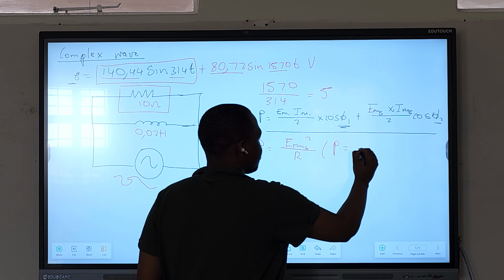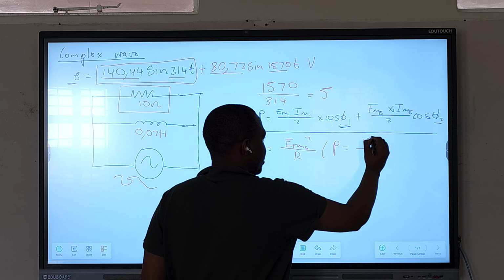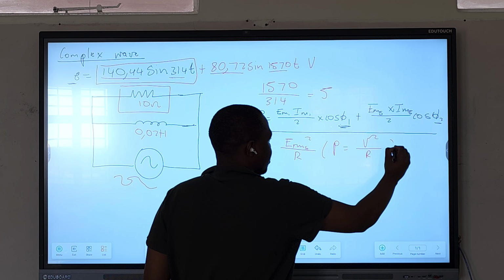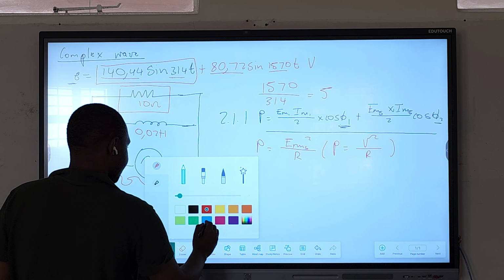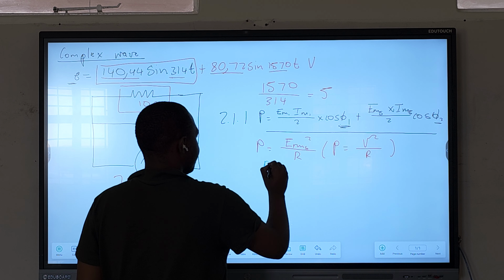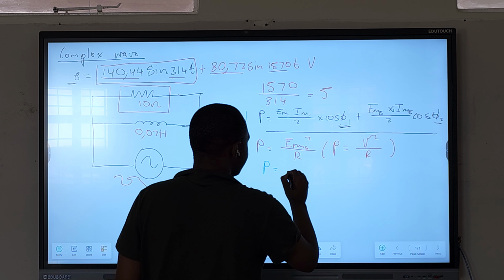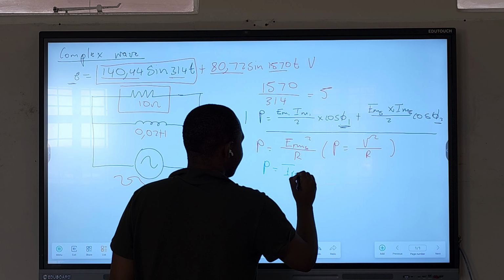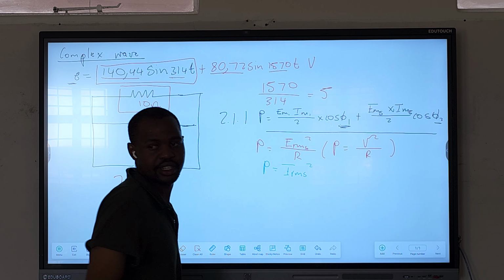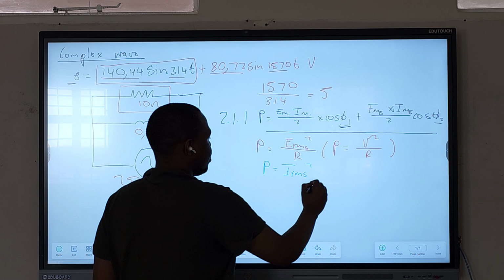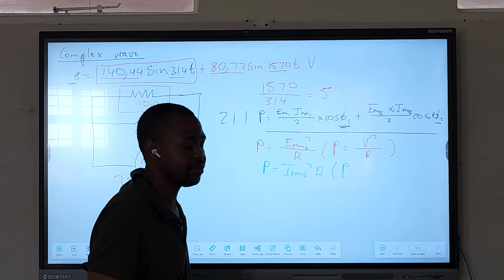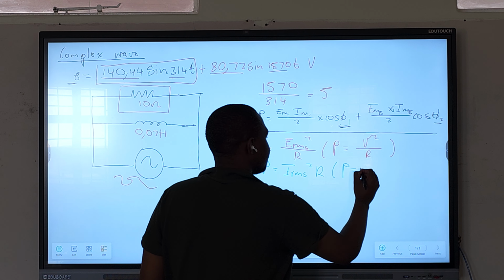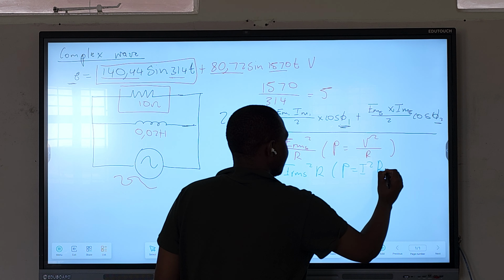For a resistive circuit, P is equal to V squared over R. Another one we can use is P is equal to I RMS squared times R. This is the same formula we derived for a resistive circuit, which is I squared R.